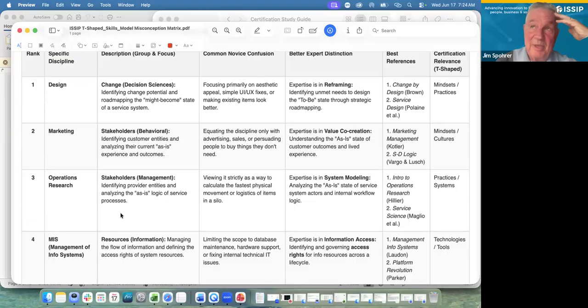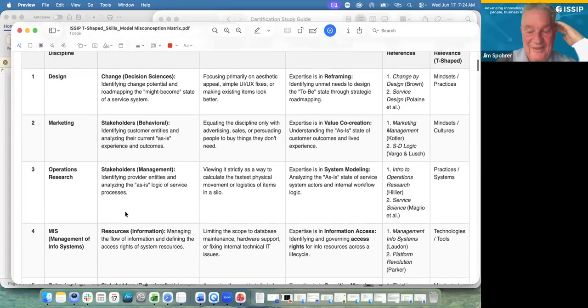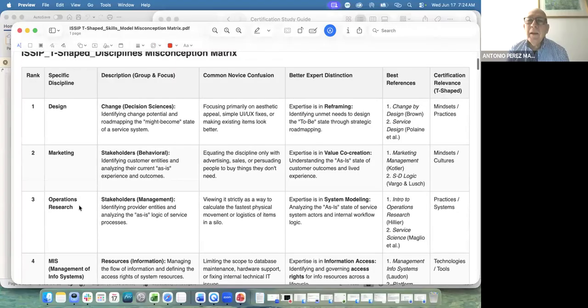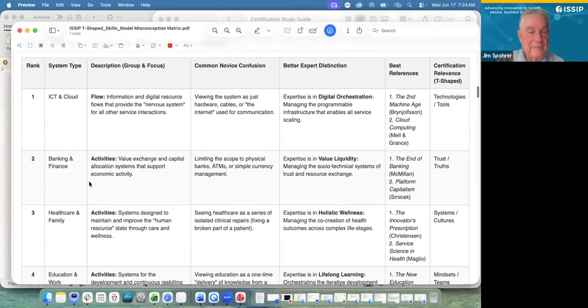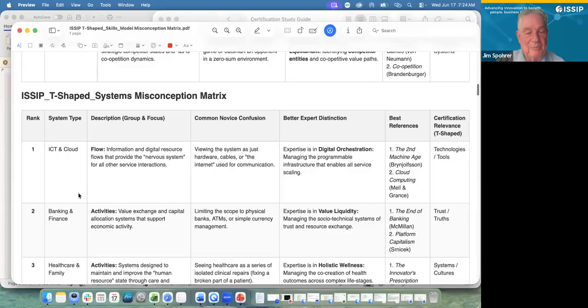I think maybe at the beginning of our ISSIP credential, we have to make sure, because some people only think about design, some people only think about marketing. So we have to get them to have that broad part of the T where they understand there's all these other disciplines. Now let's go to systems.